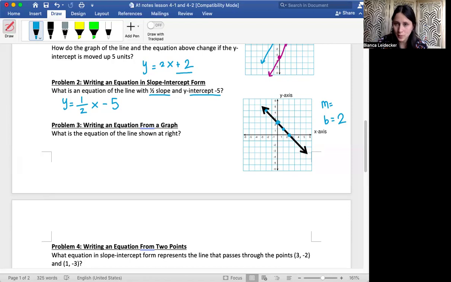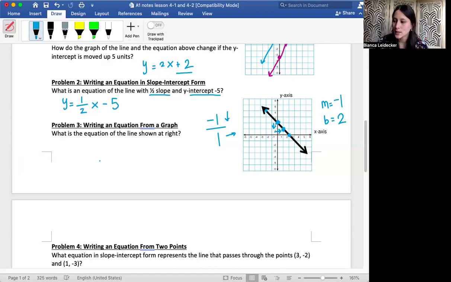So if I'm picking this point to this point, it is going down 1 and to the right 1. So the rise over run would be -1 over +1, because going to the right would be positive, going down would be negative. Therefore, my slope is -1, -1 over 1.